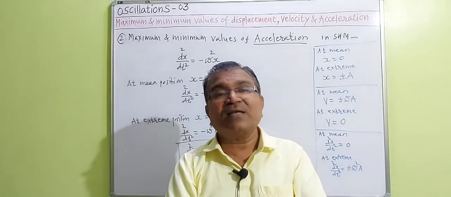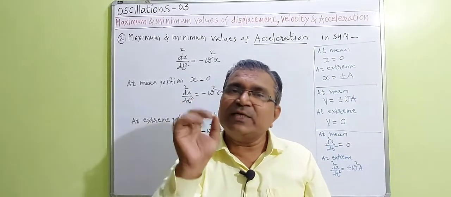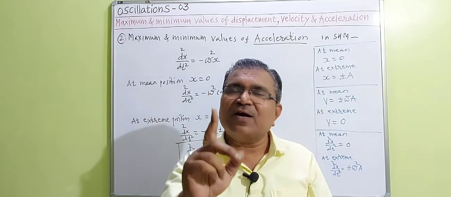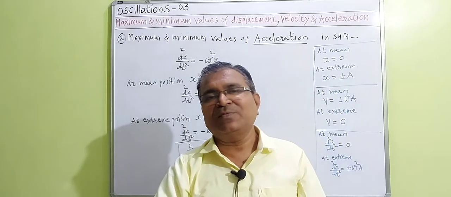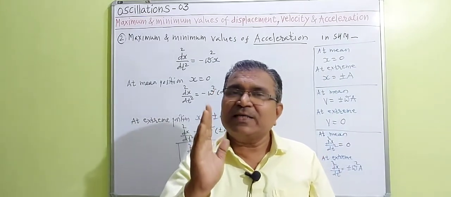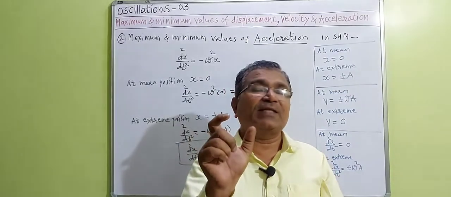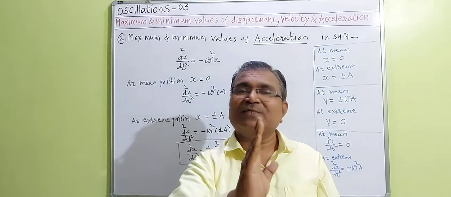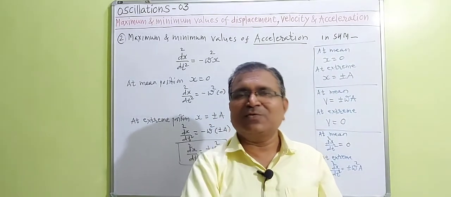When the particle starts from extreme position, then initial phase angle phi is equal to pi by 2 or 3 pi by 2. But instead of saying like this, I will say when the particle is at extreme position, then complete phase angle omega t plus phi is equal to pi by 2 or 3 pi by 2.